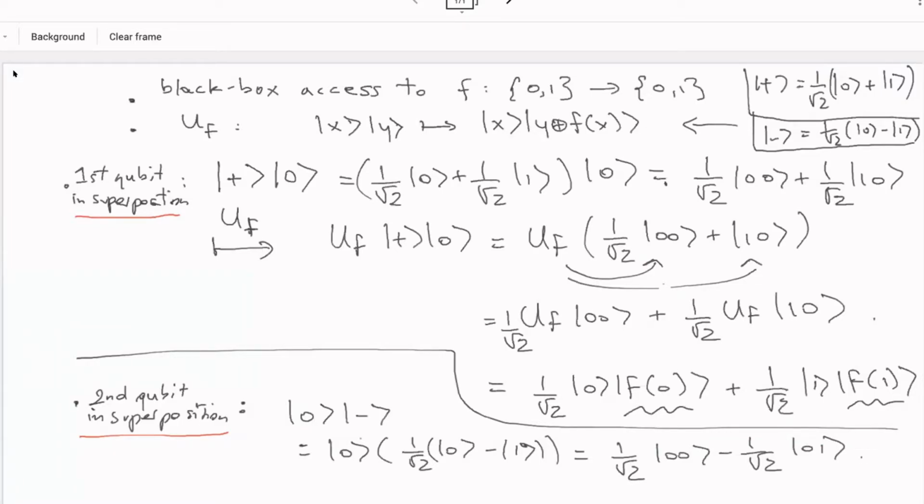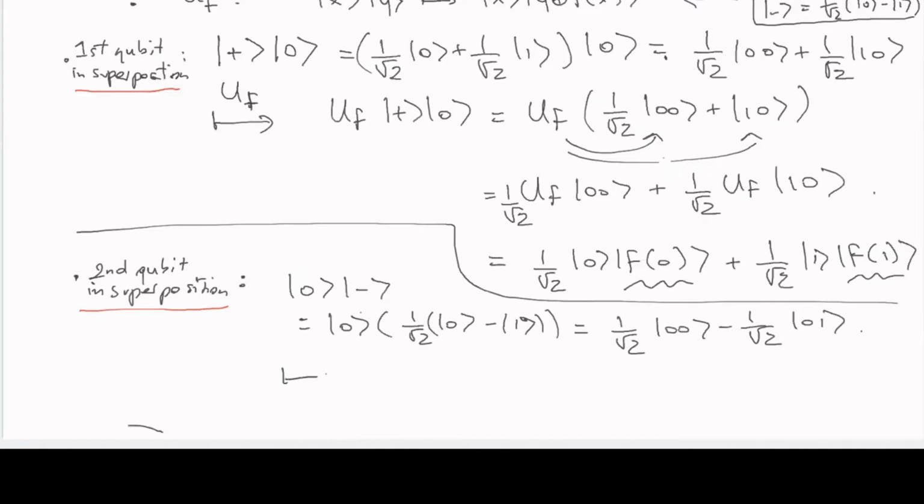And now let's apply U sub f and see what happens here. Let's apply U sub f to this state. Again, by linearity, it's as if I'm acting separately on each branch. So what I end up with is 1 over square root of 2 U sub f 0, 0 minus 1 over square root of 2 U sub f 0, 1. And we can apply the definition of U sub f again.